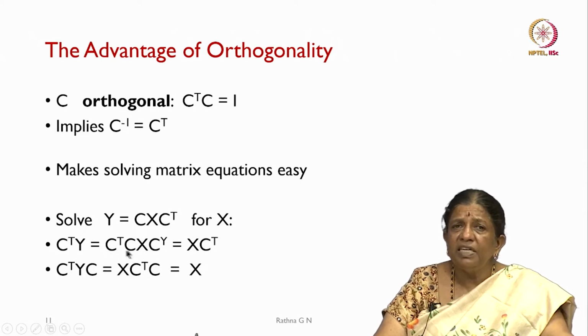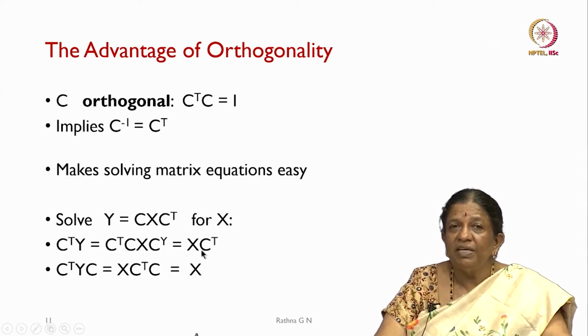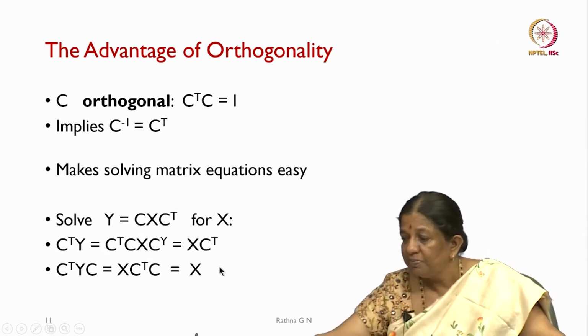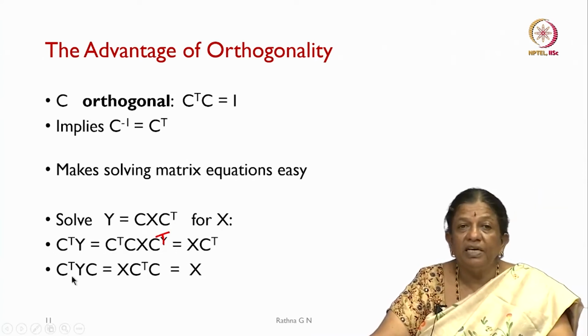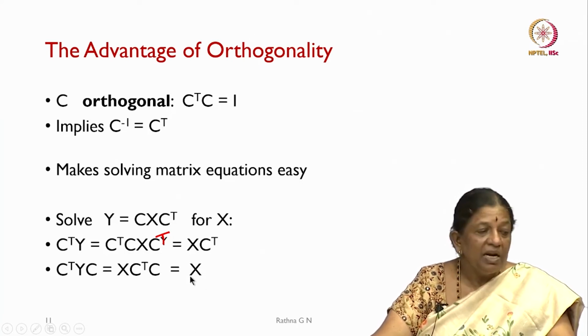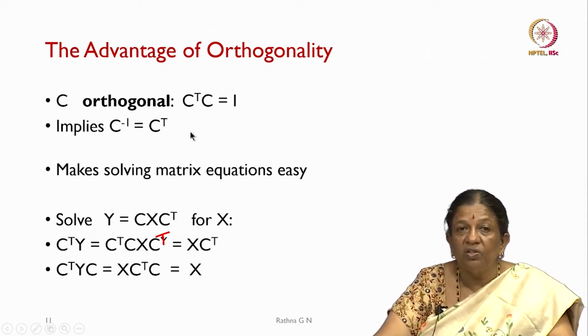Then it becomes C transpose C into x into C transpose, which is nothing but x into C transpose. If you multiply with C, C transpose y into C is nothing but x into C transpose C, which becomes x. So, now you will be seeing how y and x can be computed interchangeably if our matrix is orthogonal.